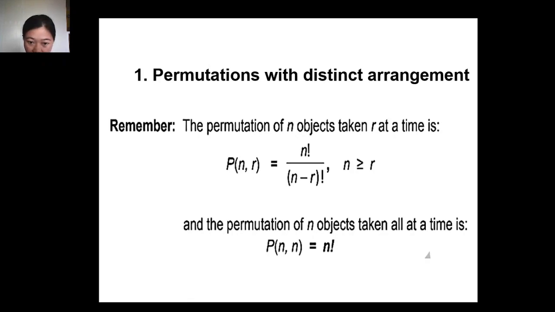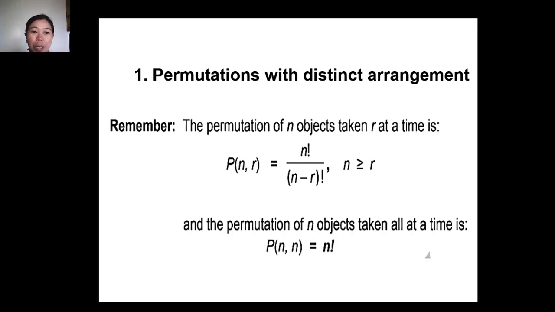At ang notation na natin dun ay yung permutation of n objects taken n at a time kasi equal na yung n and r. And our answer for this will be obtained using n factorial. So, yung exclamation symbol diyan ay binabasa as factorial. So, this is the formula on how to solve permutations with distinct arrangement.